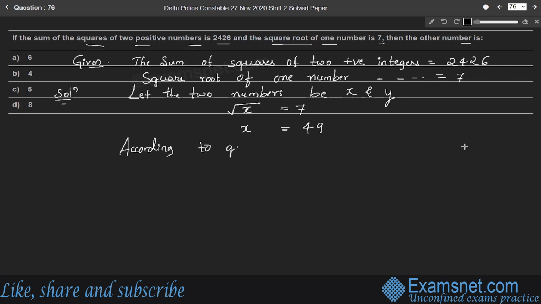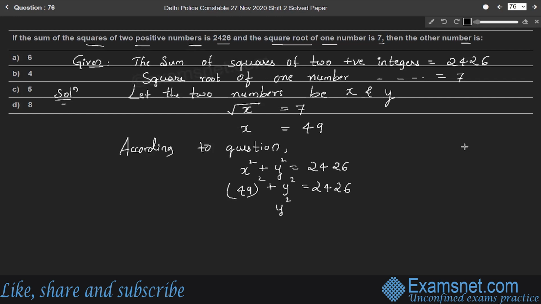So, according to the question, the sum of squares of two numbers can be written as x square plus y square is 2426. Yes. So x square will be 49 square plus y square is 2426.